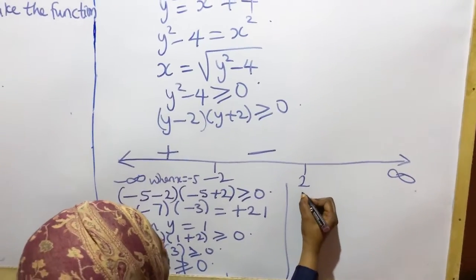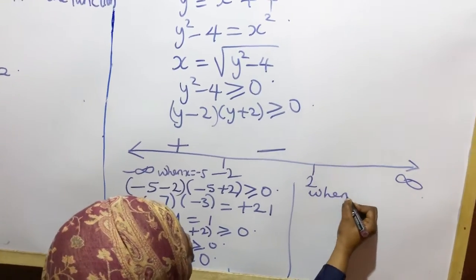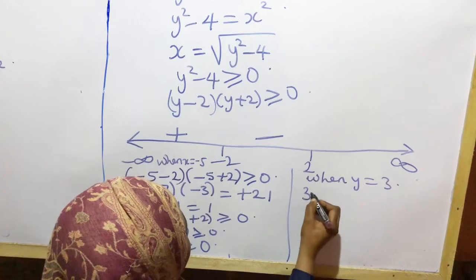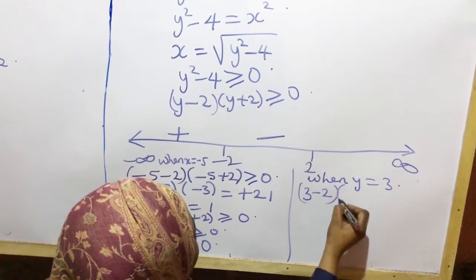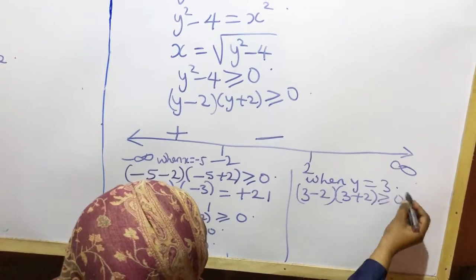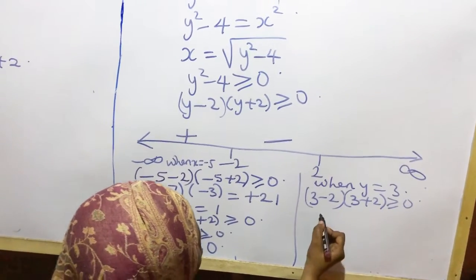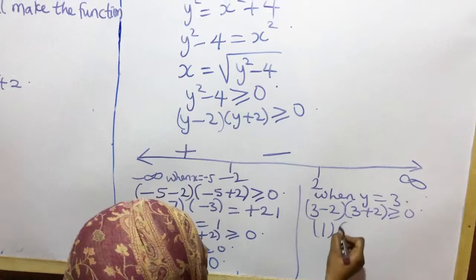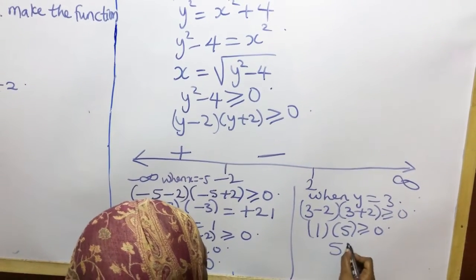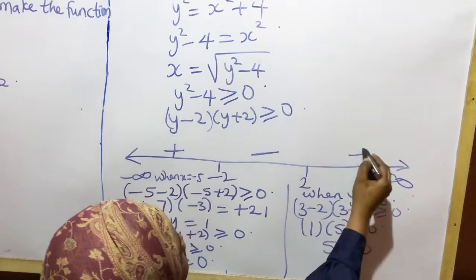So this is negative. So in between 2 and positive infinity, let's take 3. So when y is equal to 3, I have 3 minus 2 multiplied by 3 plus 2 must be greater than or equal to 0. This gives 1 multiplied by 5, so 5 is greater than or equal to 0.